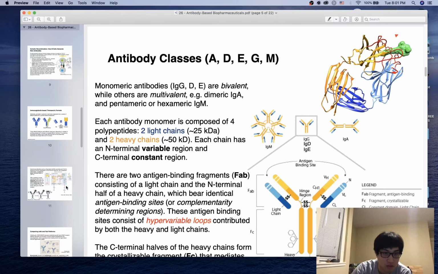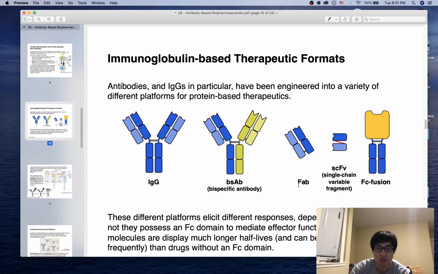If you call this IgG, the dark blues are heavy chains, and this one is the light chain, because the light chain is smaller, that's why it's light.